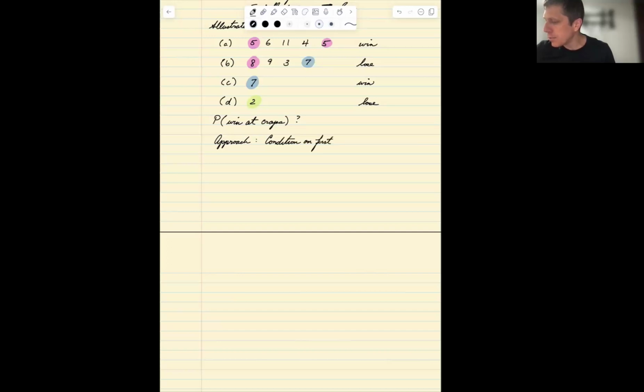A common approach: there really are only so many things we can do with probability. Probability axioms are pretty limited, but probability is a pretty powerful framework. A common thing that we're going to see over and over again is we're going to condition on the first roll, and we're going to apply the law of total probability.